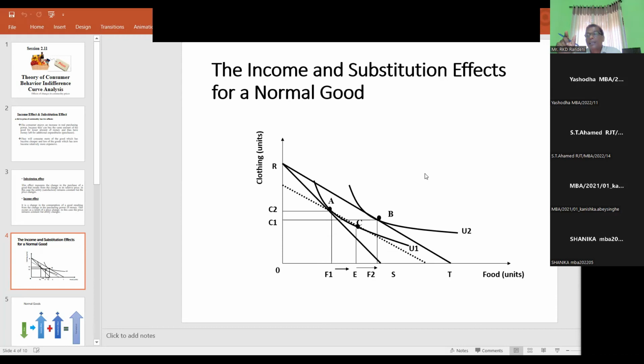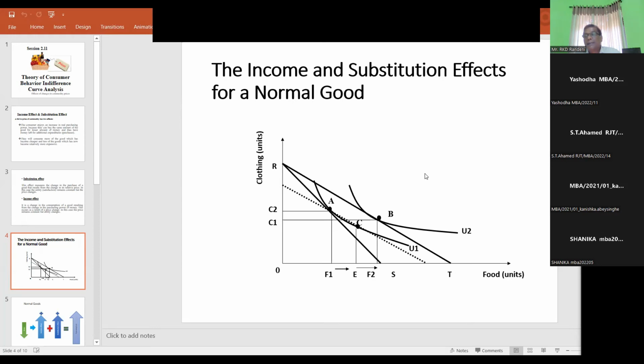Then income effect means we are considering commodity X, the price of X is reduced. Earlier we bought two of X. Now we can buy 3 of X because the price is reduced. Then real income is increasing. That is the income effect, right? First, you have to realize what is the substitution effect, what is the income effect.